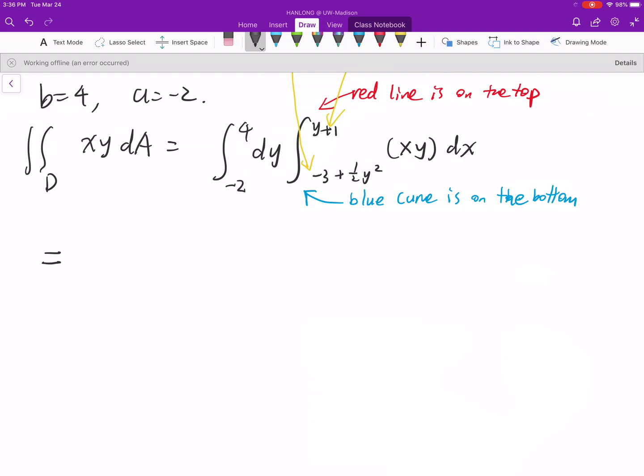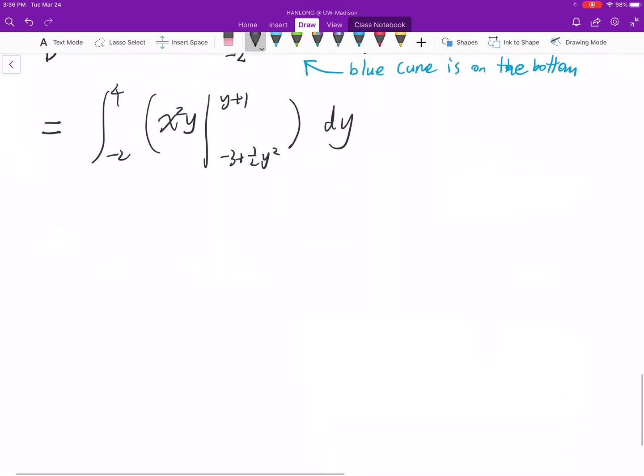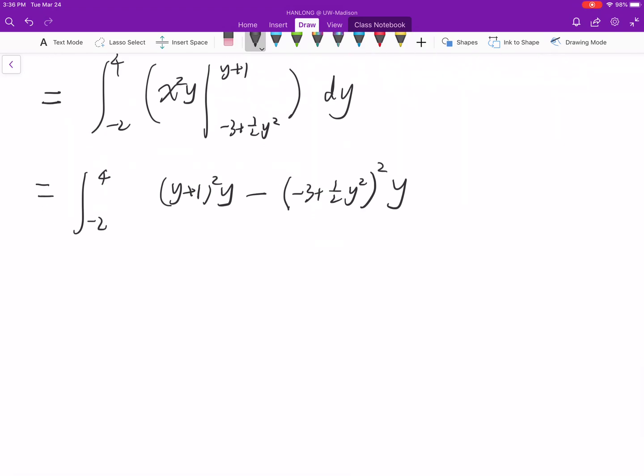So first you do the x integral, you have this, and then you plug in the 2 endpoints. Then outside you have one more y integral. And now let's simplify it. You have y plus 1 squared times y minus negative 3 plus 1/2 y squared, squared, times y, dy.